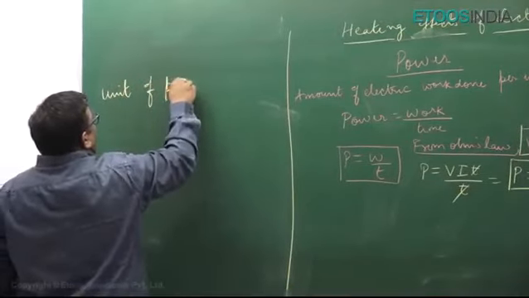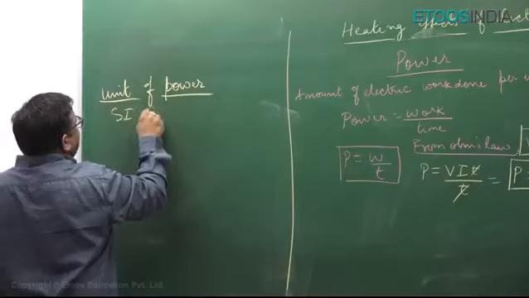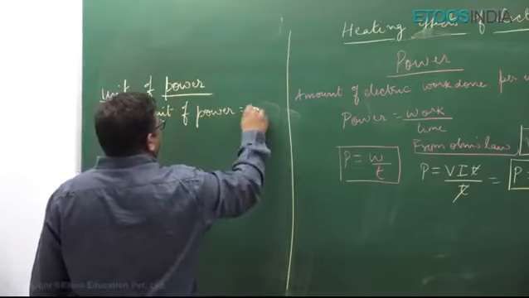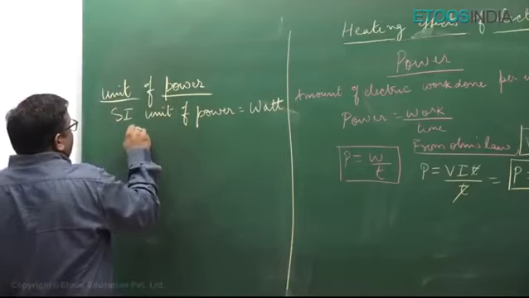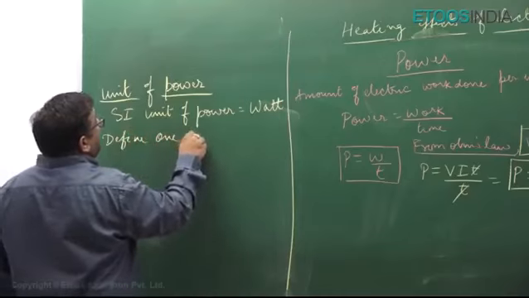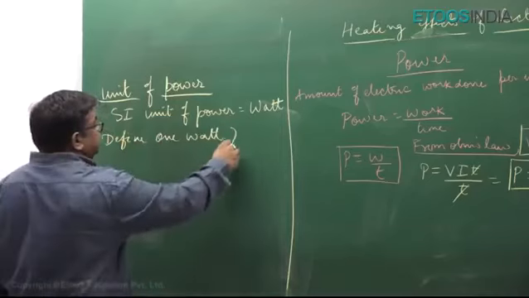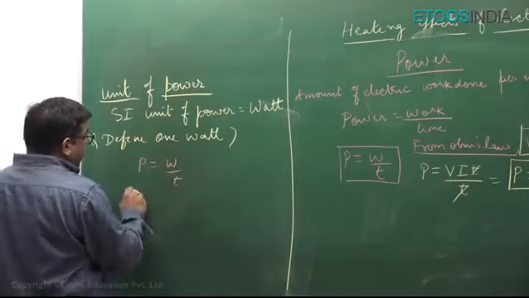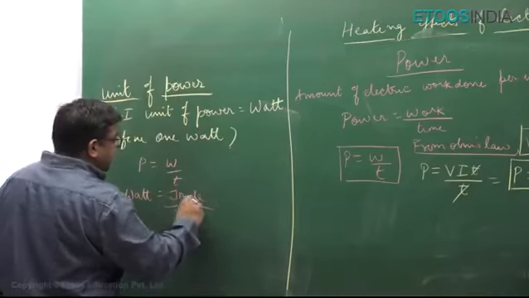Unit of power. The SI unit of power is watt. Clear? Now, suppose there is a question, they say define 1 watt. Now, how will you answer it? See, we'll write P is equal to W upon T. Instead of power, I'll write watt is equal to joules per second.